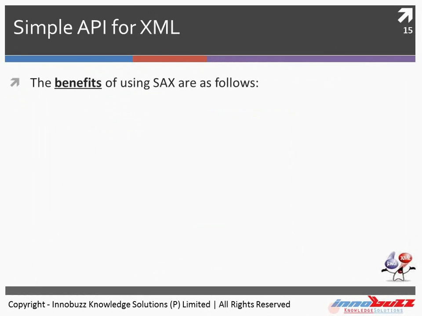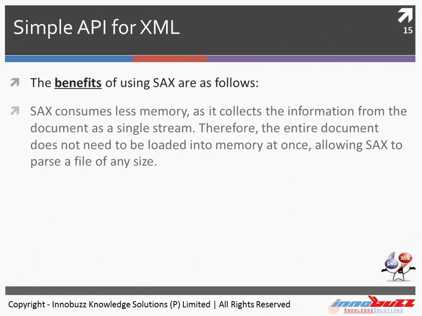The benefits of using SAX are that the Simple API for XML consumes less memory. As it collects the information from the document as a single stream, the entire document does not need to be loaded into memory at once, allowing SAX to parse a file of any size.